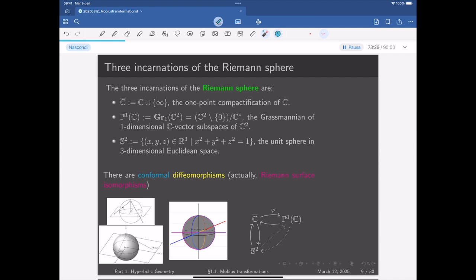but I can tell you some words about these transformations. So, for instance, this one is interpreting C-bar as homogeneous coordinates. This means that z in C goes to the vector subspace spanned by just (z,1).